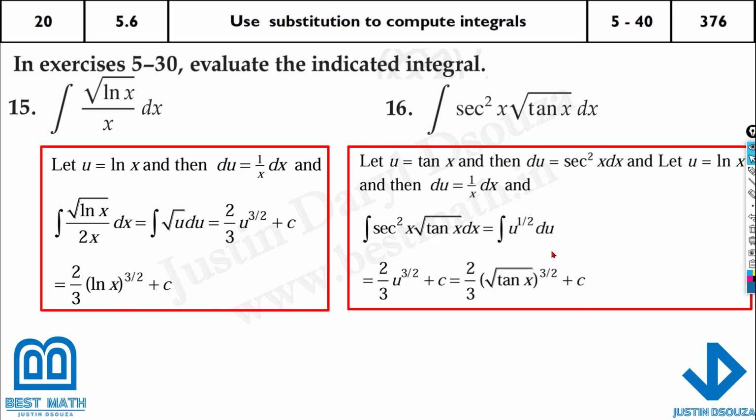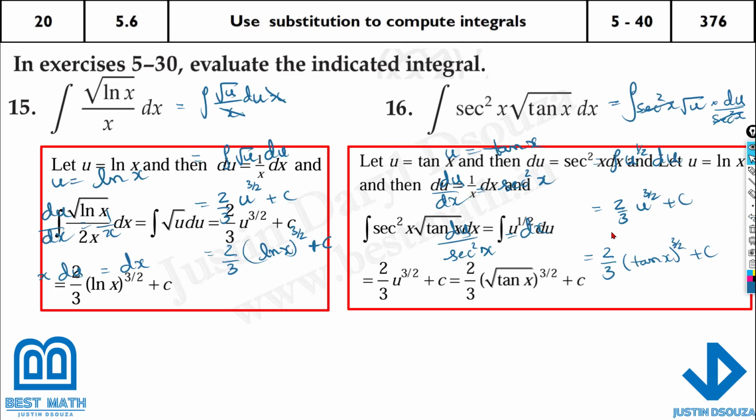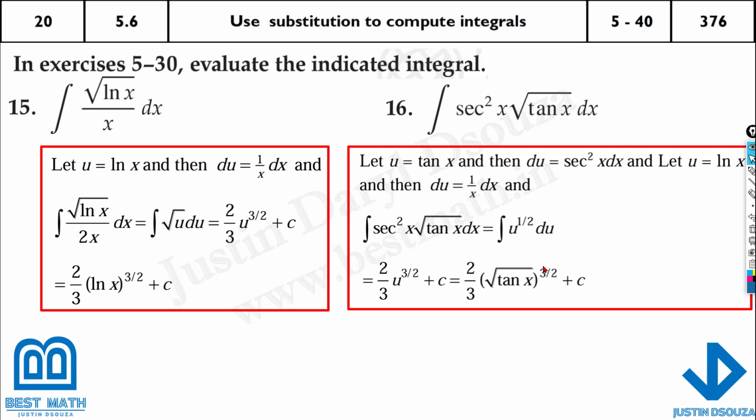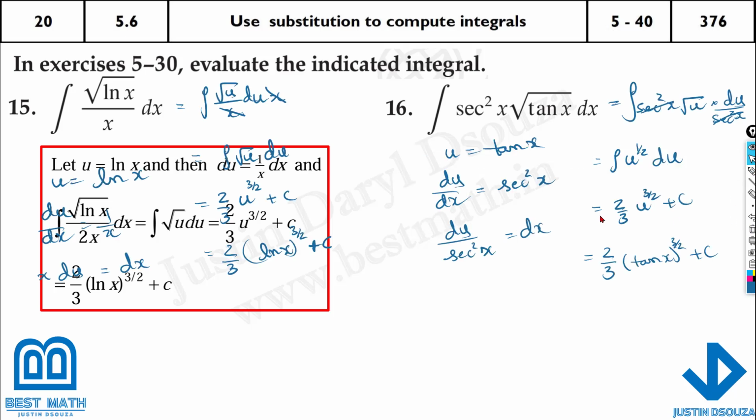Okay, now I forgot one important thing. No, this is correct, what we have done. Okay, this is wrong. I thought I had assumed wrongly. See, we have assumed whatever is inside the square root, that is tan x, and then we substitute back inside the square root. The square root becomes half, and then we get this answer.